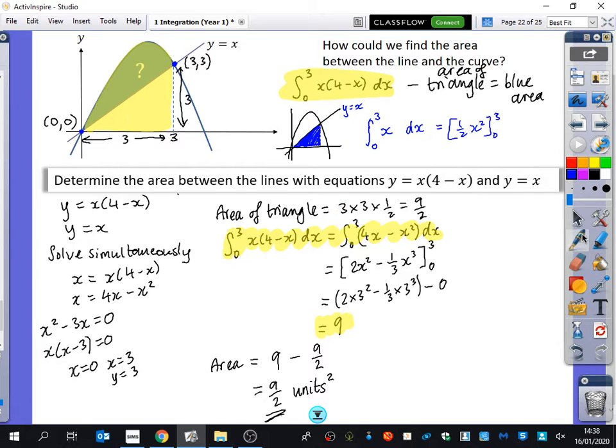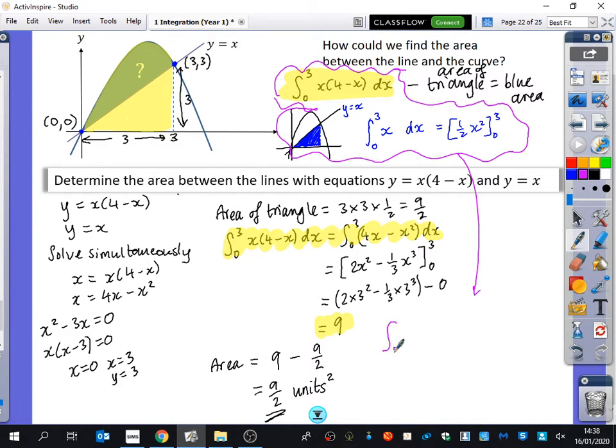Now, one last thing we could have done here: because I am integrating this between 0 and 3, and this between 0 and 3, this entire thing, sorry for the way I'm writing this out, I could rewrite as the integral between 0 and 3 of x(4 minus x) minus x.